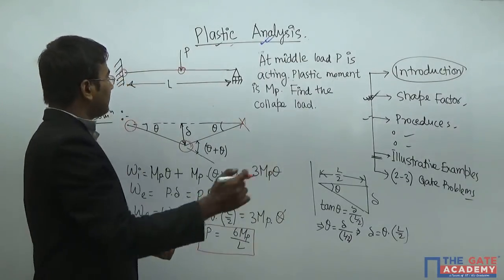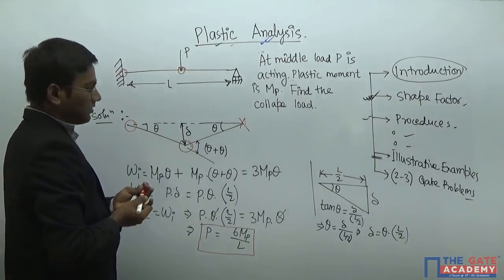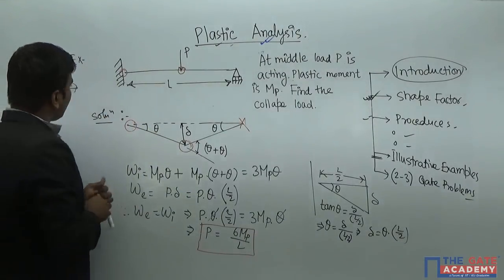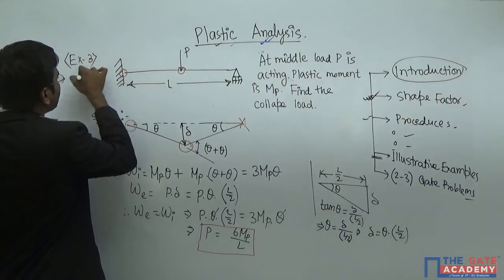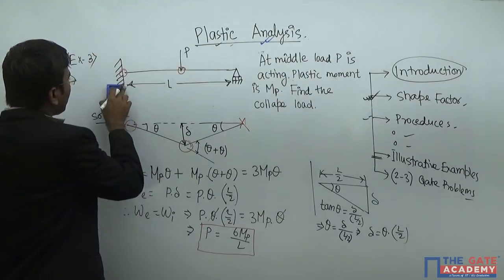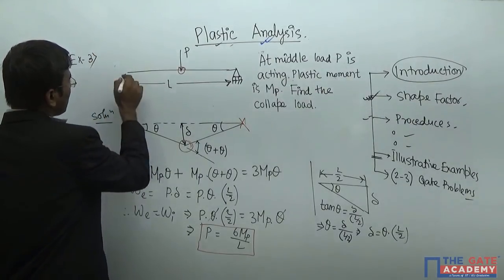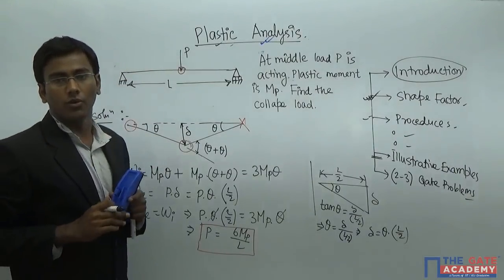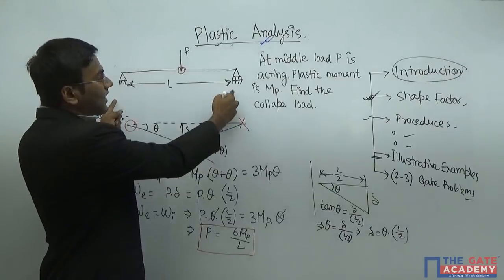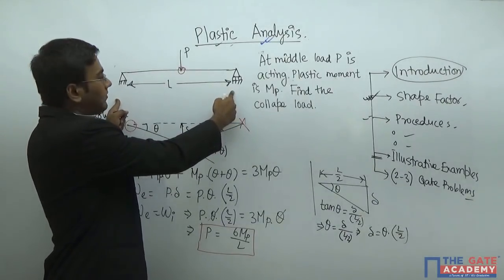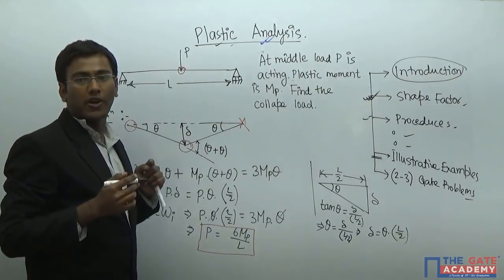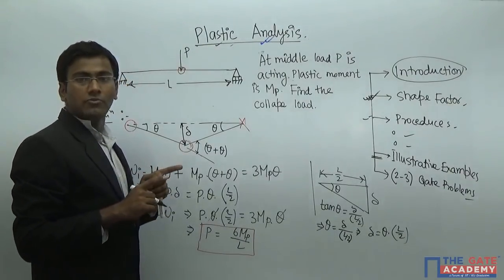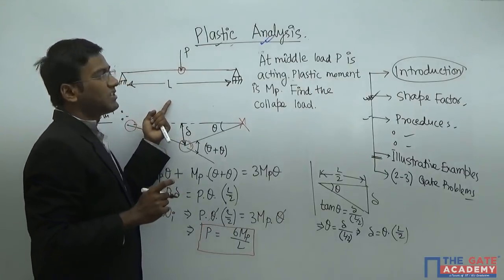And now again, just assume this portion, example 3, like this, and I have converted this fixed end portion also to a hinged one. So this is converted to a simply supported beam. We are converting the fixed beam first to a propped cantilever, then to a simply supported beam.